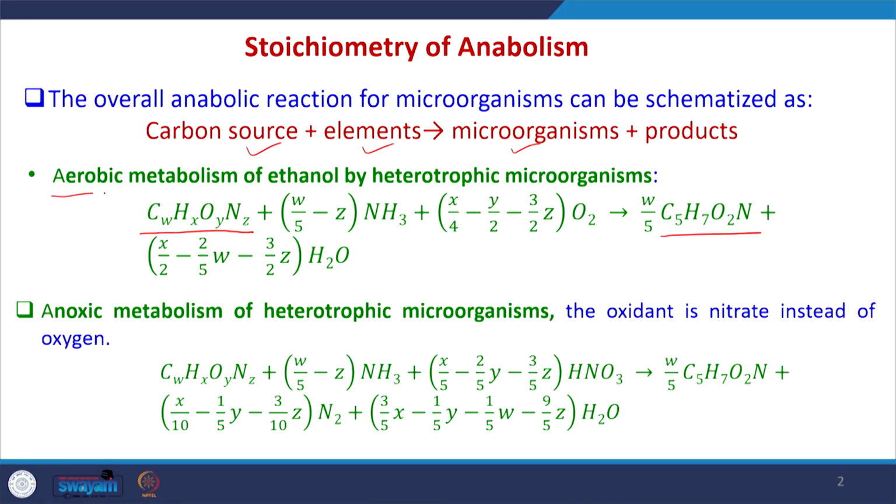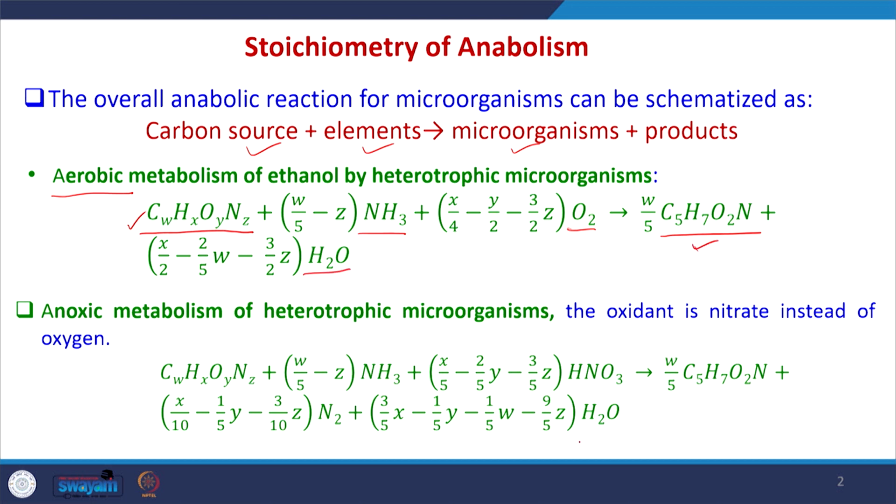The first condition that we studied was aerobic condition. We studied the aerobic metabolism and found the reaction can be represented by this particular equation, where the carbon source along with ammonia and oxygen react to form the microorganisms and H2O.